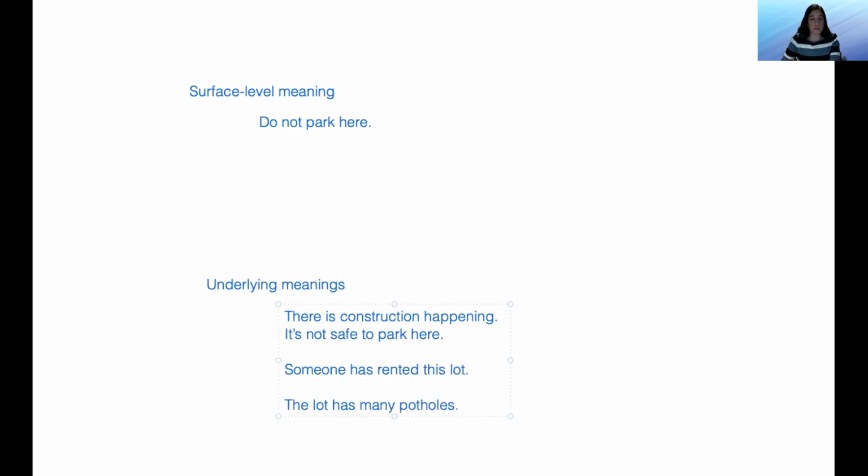Maybe the lot has many potholes and people tend to drive over them quickly and they mess up their tires or alignment or whatever. But the point is that we can always find a surface level meaning, like do not park here, and we can also find underlying meanings. So meanings that go beyond the surface level.